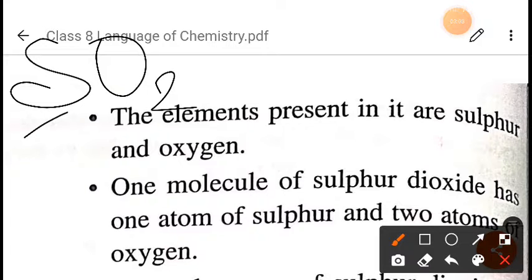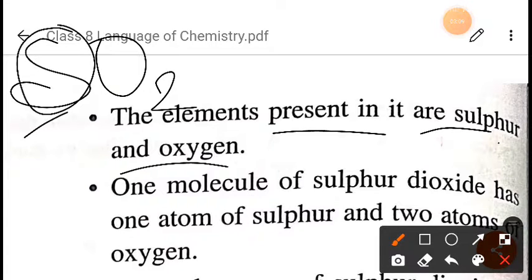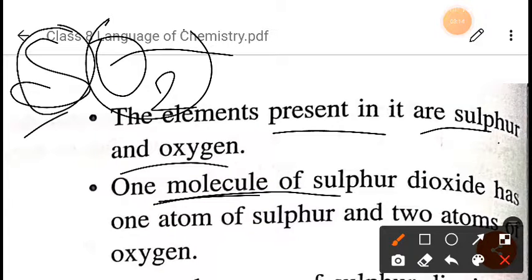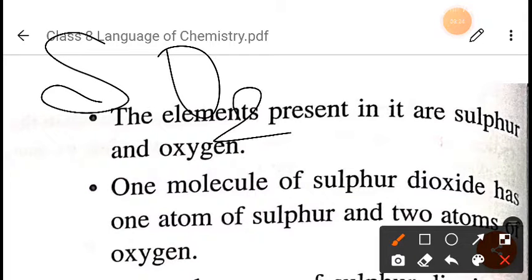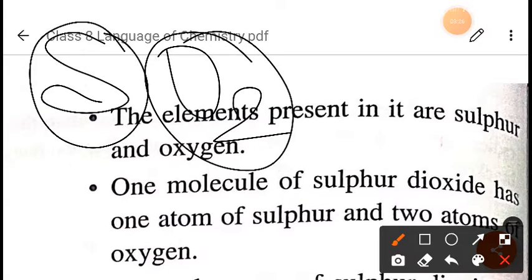One molecule of sulfur dioxide has one atom of sulfur and two atoms of oxygen.